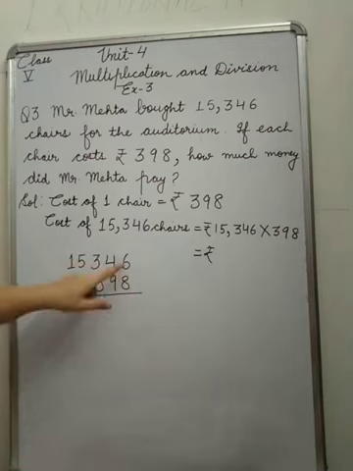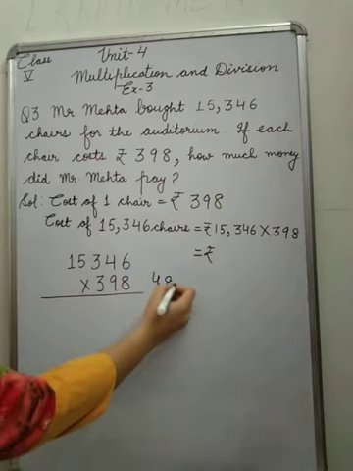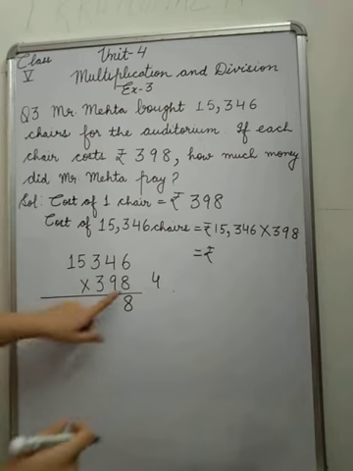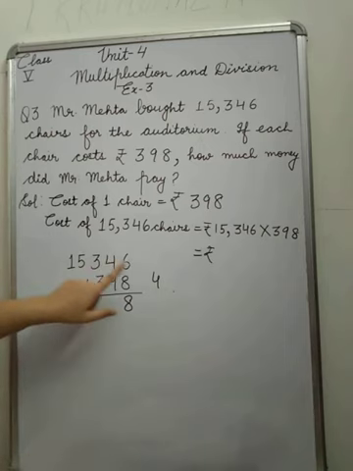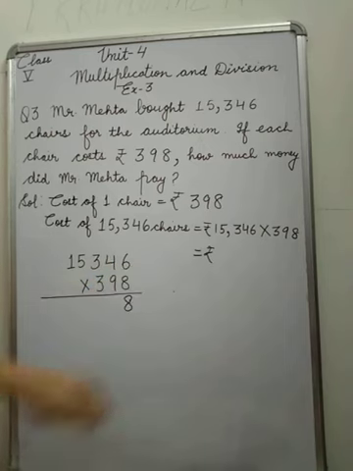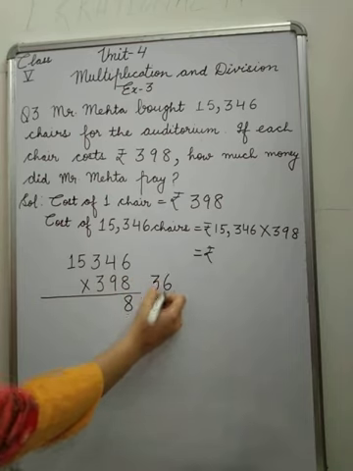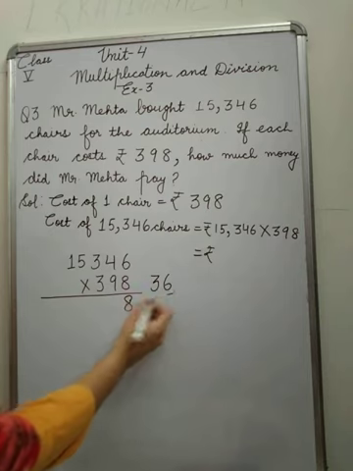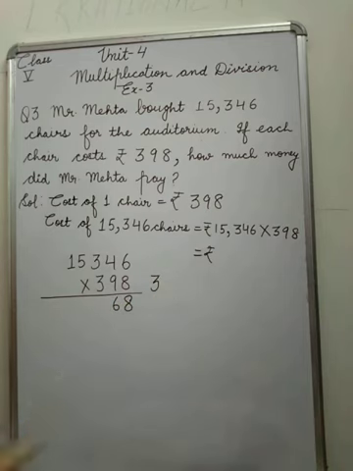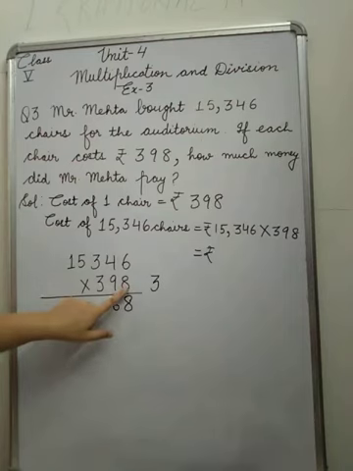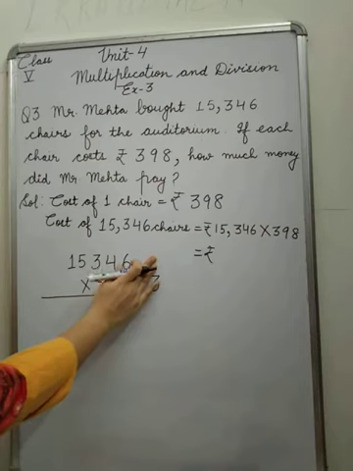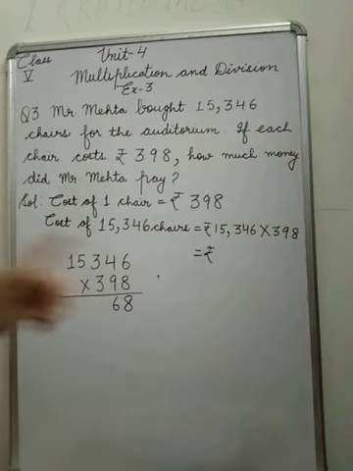So see, 8 6s are 48. Write this 8 here. Now see, 4 is carry. 8 4s are 32. 32 plus 4, that will be 36. Now that 6 will come here. 3 is carry. Now see the next. 8 3s are 24 plus 3. 24, 25, 26, 27.